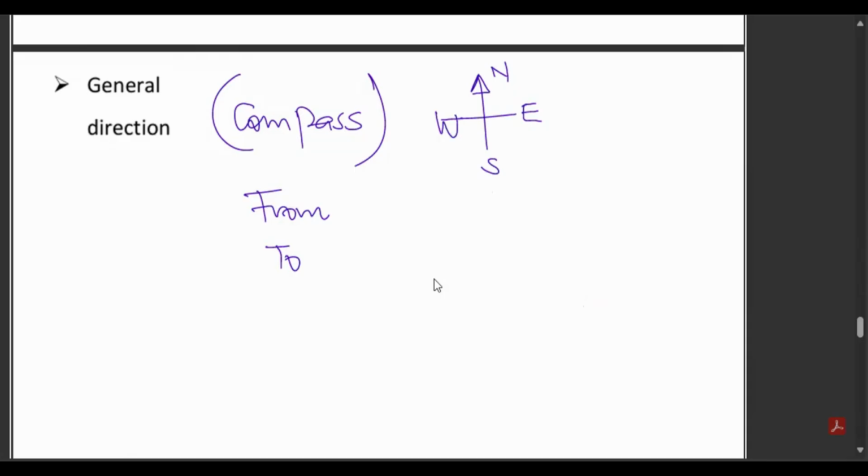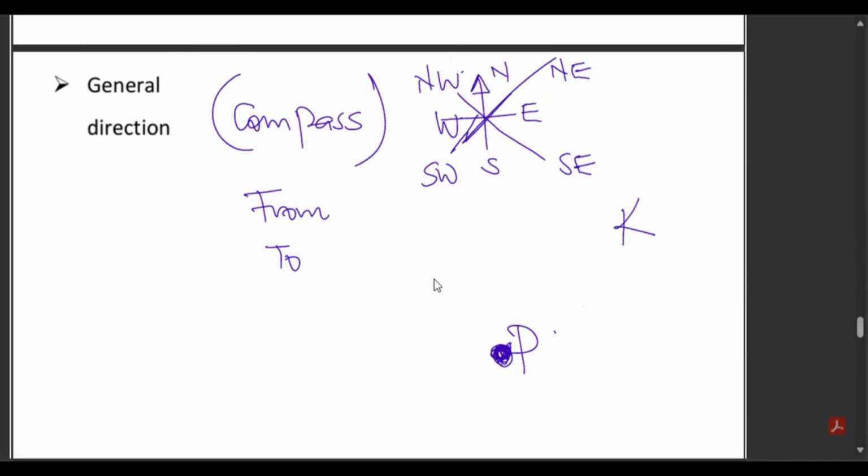That's how it is. So in between, this becomes northeast. This becomes southeast, southwest, and northwest. This is what we are looking at. Let's say if we have a point here, P, another one it's here.